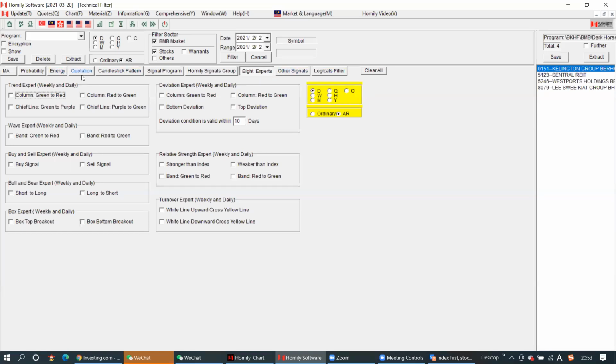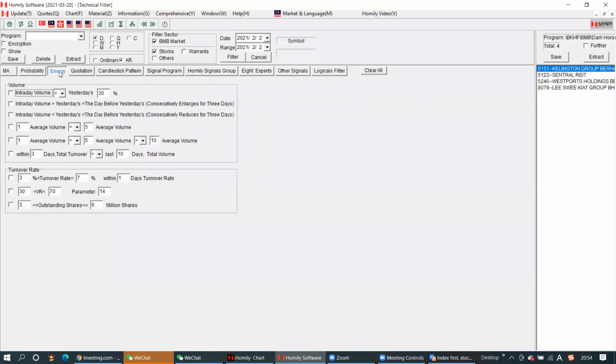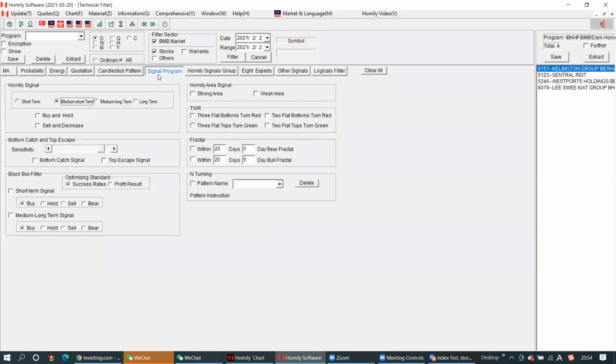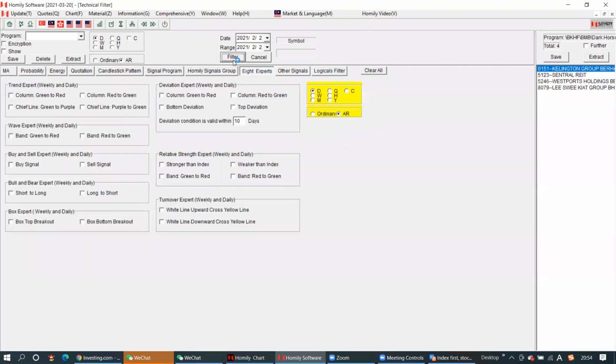But as I said, it can help you filter, but please don't simply use it. After filtering, you always need to really study by yourself. Bottom cat signal weekly, here you can go in. So can also try, I close it first. Okay, don't have already, so I try to filter it.